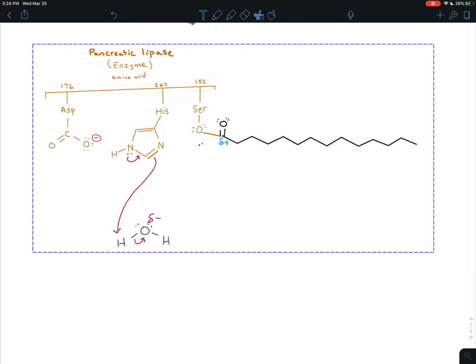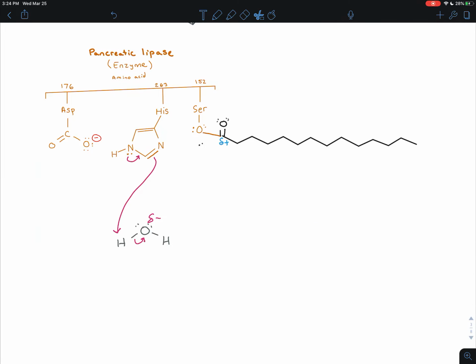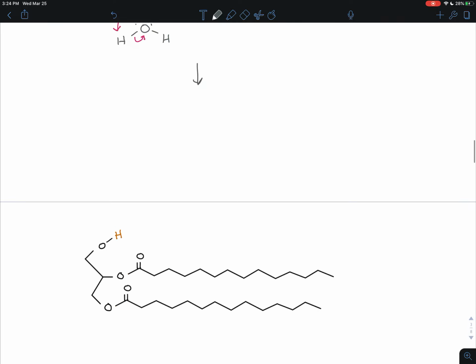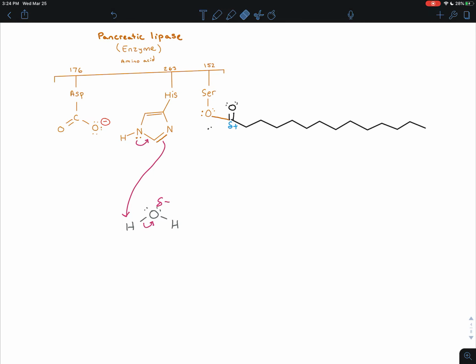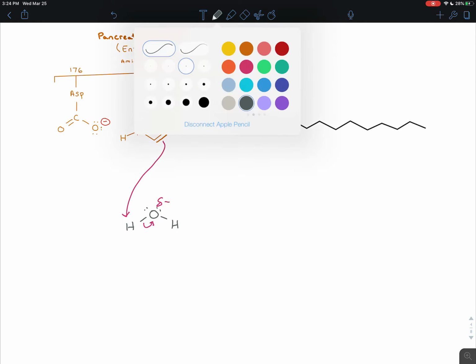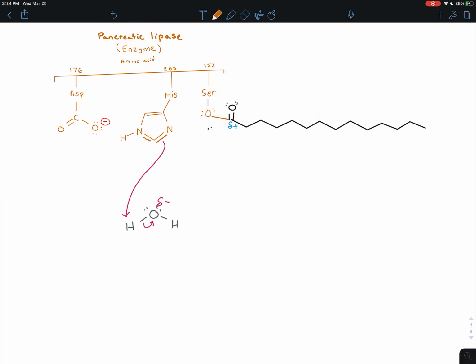So, after that step, let's move down here. So after this step, this lone pair will become a pi bond. This pi bond becomes a bond to this hydrogen here.